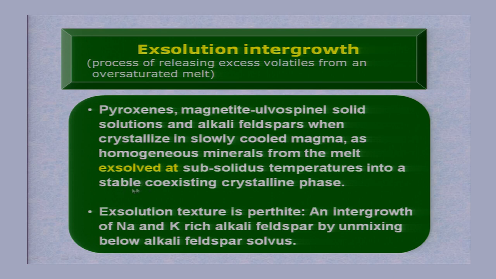As a result, stable coexisting crystalline phases are formed. Exsolution texture is commonly known as perthitic texture. The rock is called perthite, an intergrowth of Na and K rich alkali feldspar by unmixing below the alkali feldspar solvus.